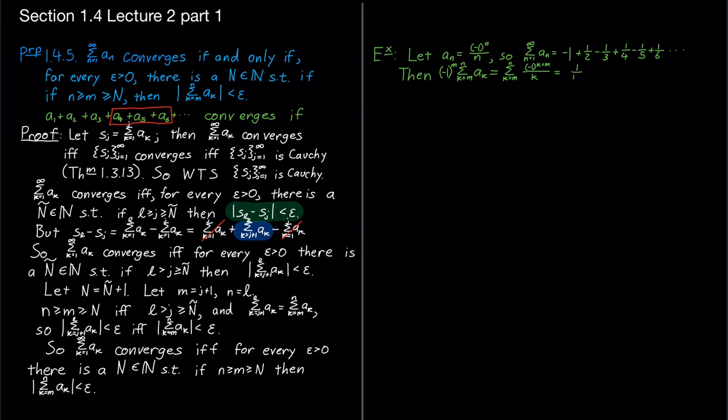So we can write this as 1 over m minus 1 over m plus 1. This multiplying by minus 1 just ensures that the first term is positive. Then at the end of the day, we end up with plus or minus 1 over n.